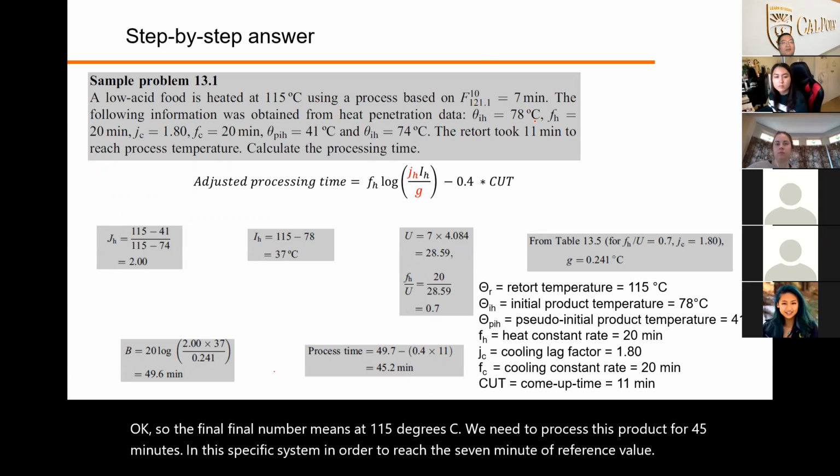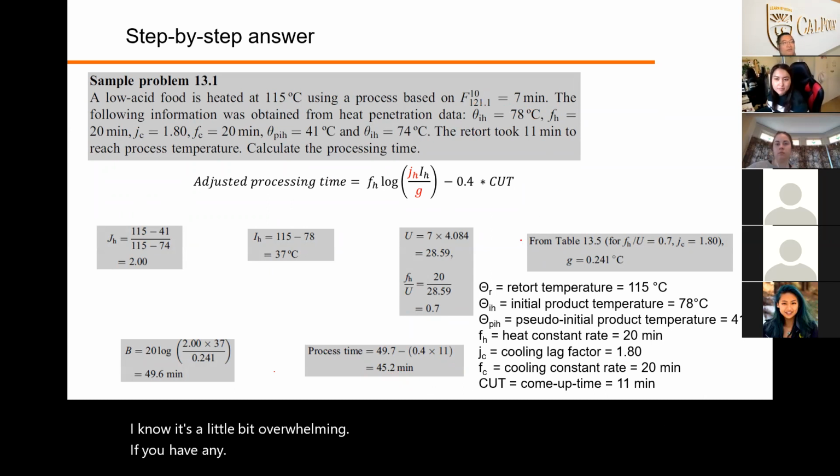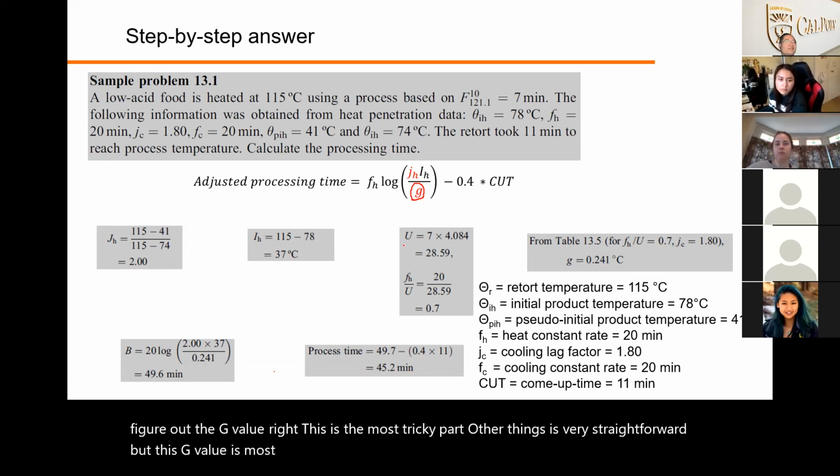Okay, I know it's a little bit overwhelming. If you're confused about anything, let me know. I think the only confusing part is how to figure out the G value, right? This is the most tricky part. Other things are very straightforward, but this G value is the most tricky part because first you need to figure out what is the U value, right?